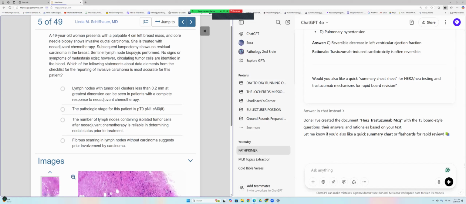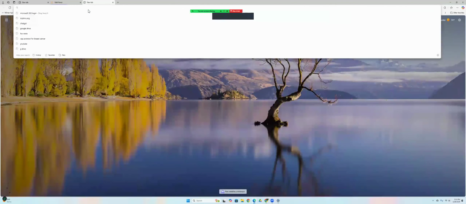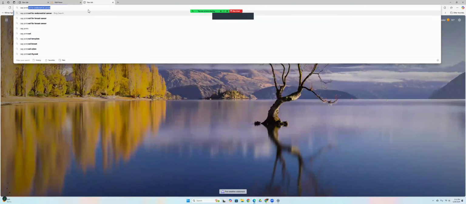Let me just look at it. A 4 cm left breast cancer. No, I just went to the CAP protocols. Wait, let's find it.